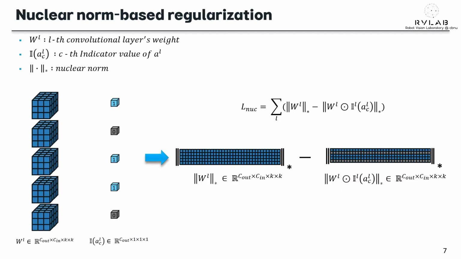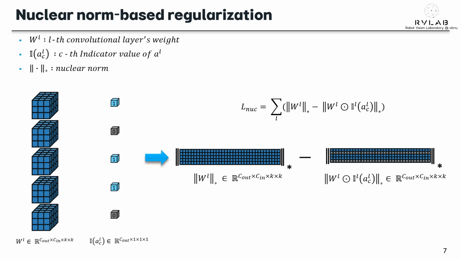Next up is nuclear norm-based regularization. Since network pruning removes channels, there is an inevitable performance drop. We propose to prune using nuclear norm-based regularization to minimize this loss. Before we talk about the nuclear norm, let's talk about rank. In mathematics, we often use rank to measure the expression capacity of a matrix. However, rank is the number of non-zero singular values.